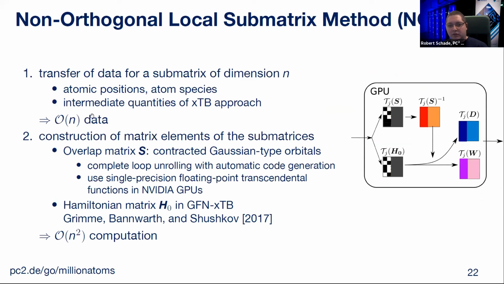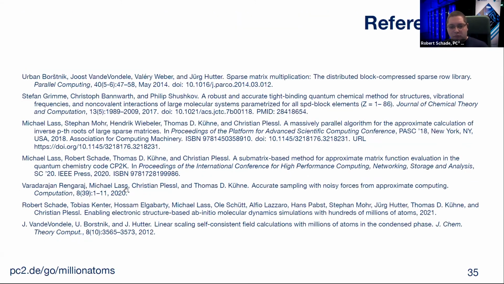So in the first step, in the transfer, instead of transferring n by n matrices from the host to the GPU, it's now just a linear scaling amount of data, if n is the submatrix dimension. In the second step, for the construction, we have to construct the overlap matrix and the Hamiltonian matrix, which is a quadratically scaling step.